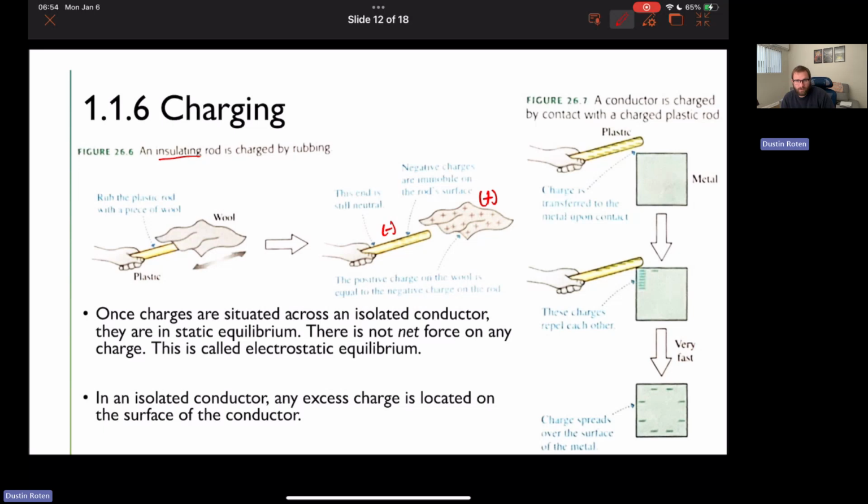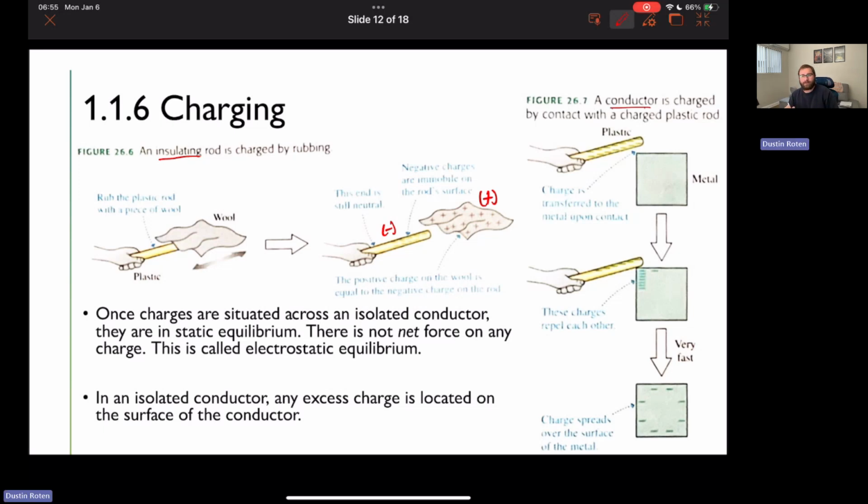It's still sort of localized, but if we think about doing the same thing with this plastic rod, and then we move it over to a conductor. Remember, this is an insulating rod, so let's take this rod and move it over to a conductor.